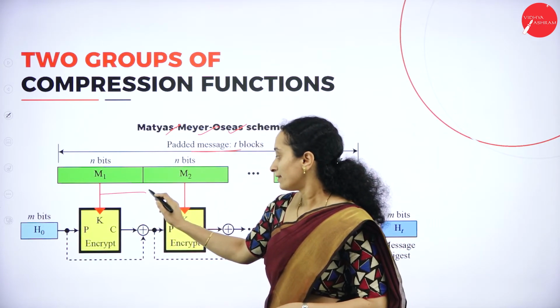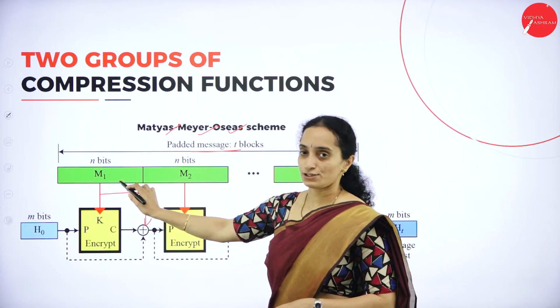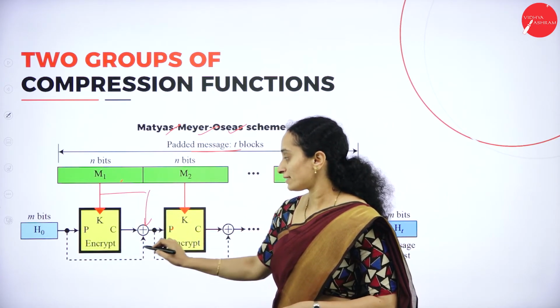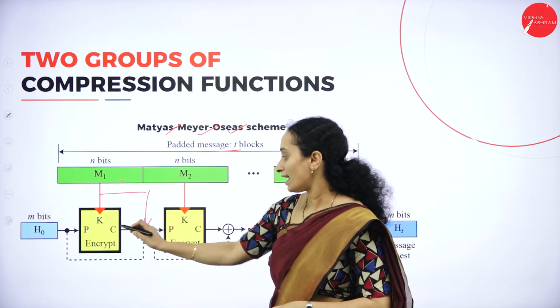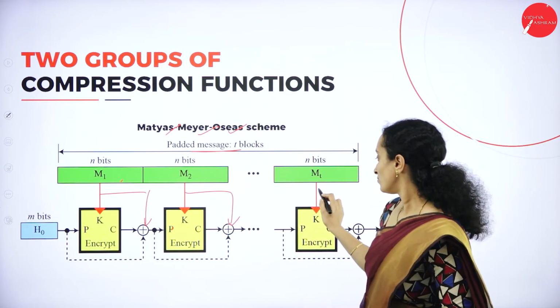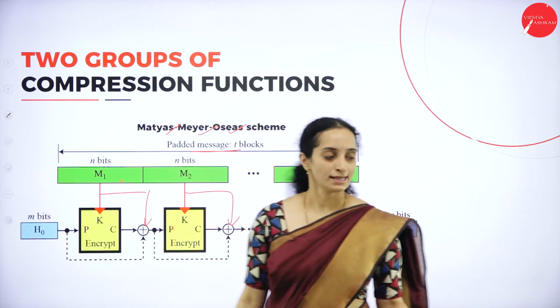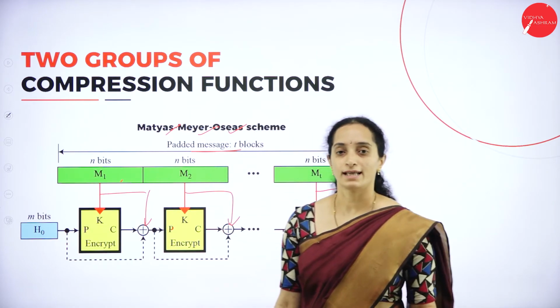This time, this is also used for XOR. So, the message of M block, the previous message digest as well as the new ciphertext will be added to this scheme. So, this is how you can get a new message digest.